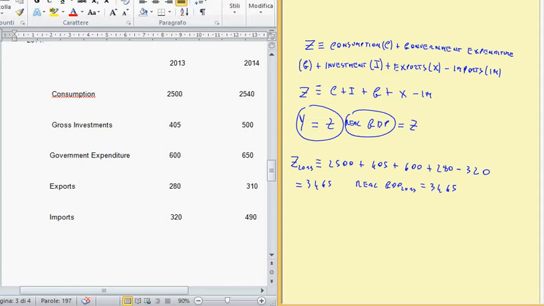You can try by yourself to compute also the aggregate demand and the equilibrium real gross domestic product in 2014.